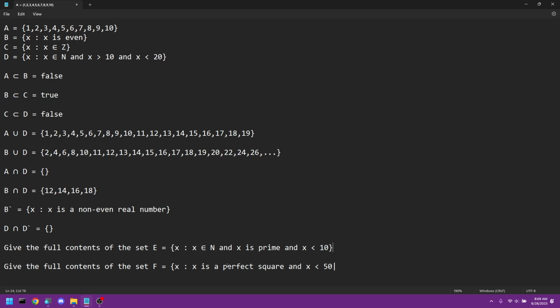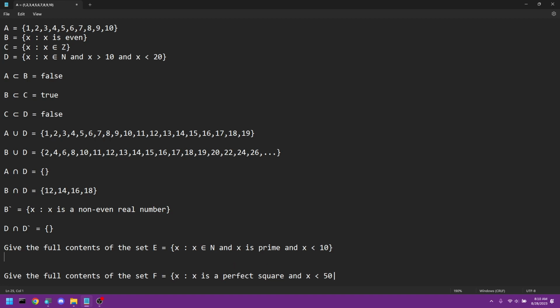Now, a little bit of logic. All prime numbers are natural numbers. So we don't need to think about this one. So all we can really focus on is x is prime and x is less than 10.